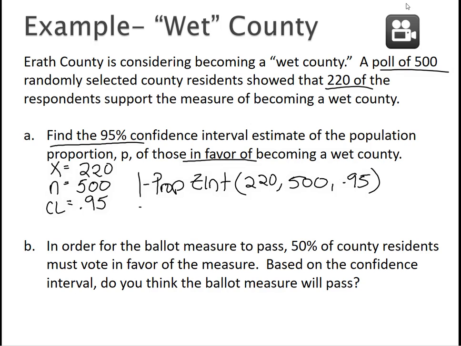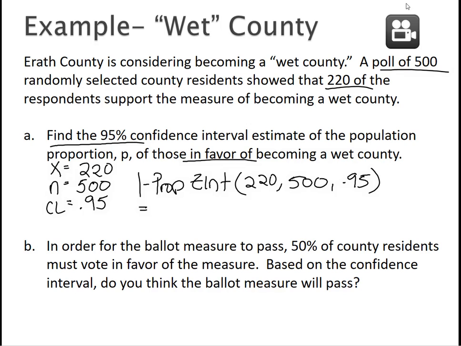Just a quick note, if you're on the old OS, when you get to the 1 prop Z interval function, you are going to be taken to the home screen where you'll be asked to enter in X, N, and the confidence level, and it's going to look just like I have it here. 1 prop Z interval, parentheses, 220, comma, 500, comma, 0.95, and then you'll close your parentheses and hit enter.